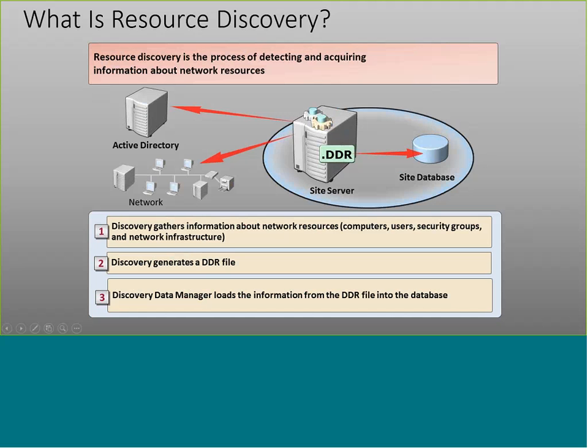So as I was saying, what is resource discovery? Discovery gathers information about network resources, computers, users, security groups, and network infrastructure. So we can discover non-Microsoft assets as well and try to control whatever we can, or at least have the inventory of that. Discovery generates a DDR file. Discovery data manager loads the information from the DDR file into the database.